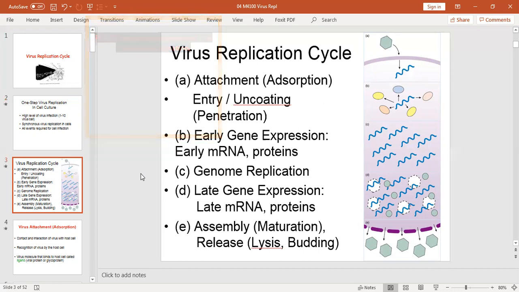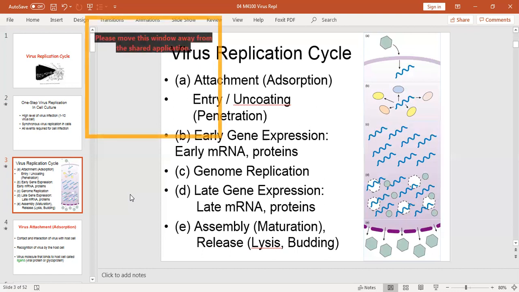The virus attaches through a cell surface specific receptor on the host cell, and through this adsorption or attachment, the virus can gain entry into the cell, or so-called penetration, and after that there would be dissociation of the viral capsid from its genome. The second step during the viral replication cycle is early gene expression.